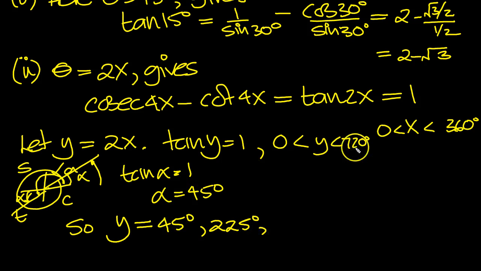And then the next solution, because we're going right round twice, we go round once and round again. So that's 360 plus 45, which is 405 degrees. And let's go round once more. So that's 540 plus 45, which is 585, because 3 180s are 540, plus 45 is 585. So that's 2x.